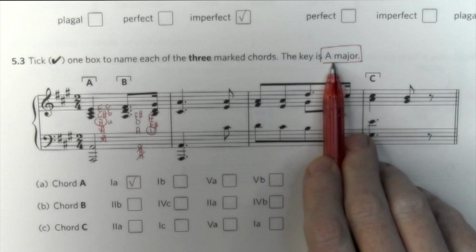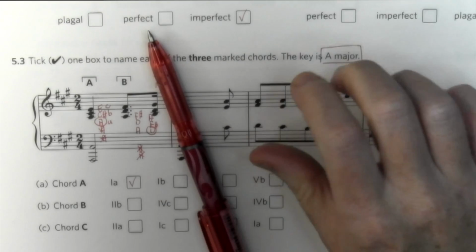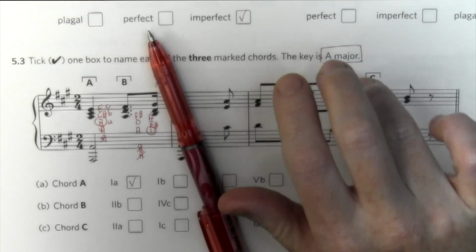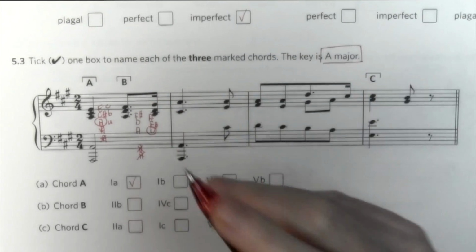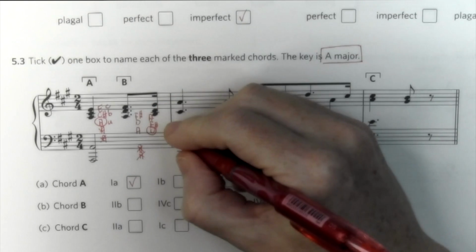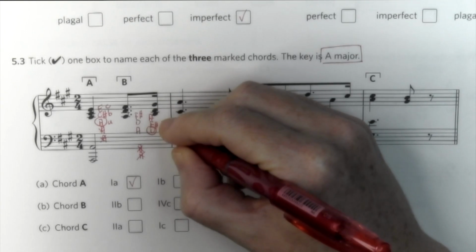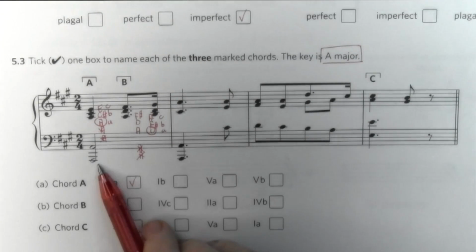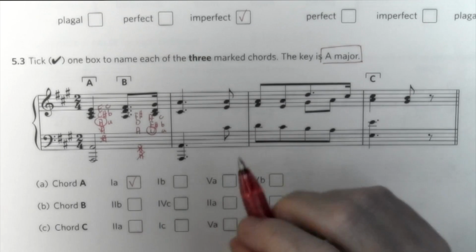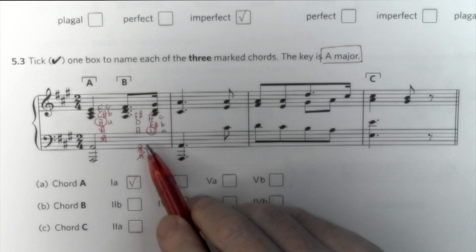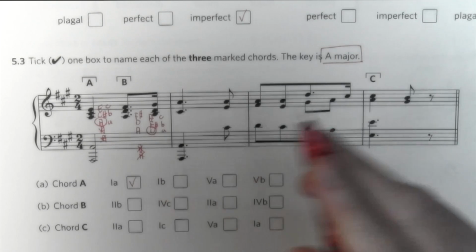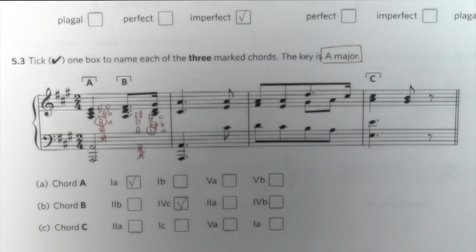And if we calculate the distance between La and Re, it's La, Si, Do, Re, the 4th degree. Now at the bottom, do we have Re, Fa, or La? We have La. So this is 4, C. Here it is.